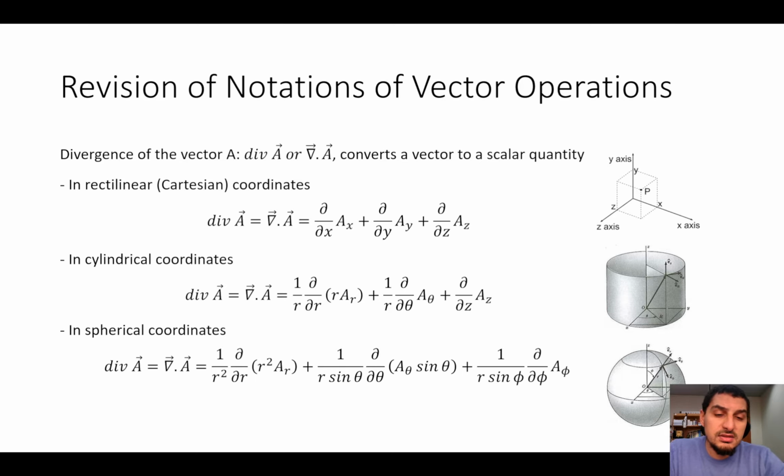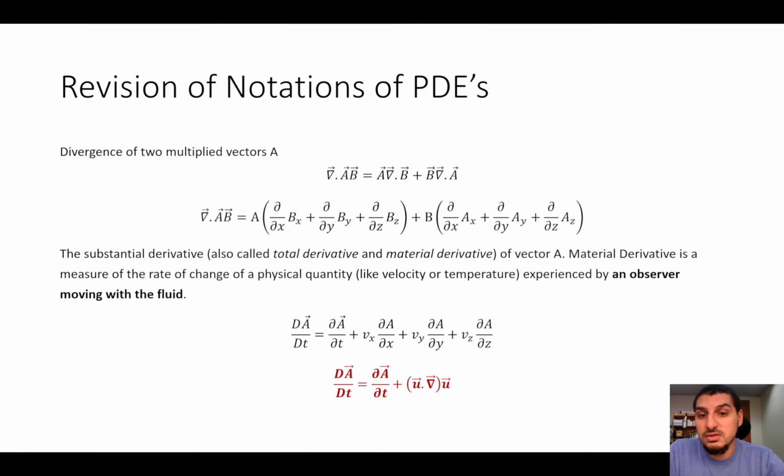Since this is the derivative in vector operations, the derivative rules apply to it. So if we have two multiplied vectors, let's say a, b, and we want to get the divergence of these two, it's going to be like what we do in regular calculus.